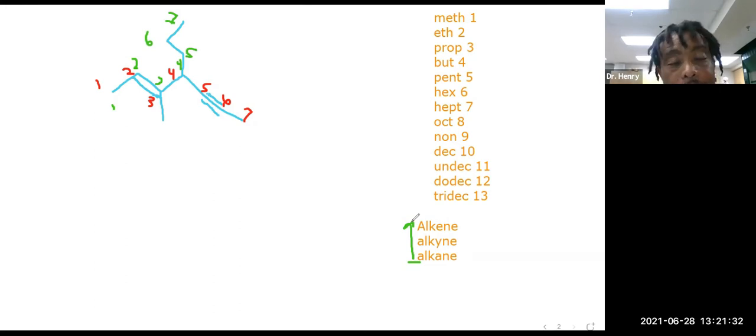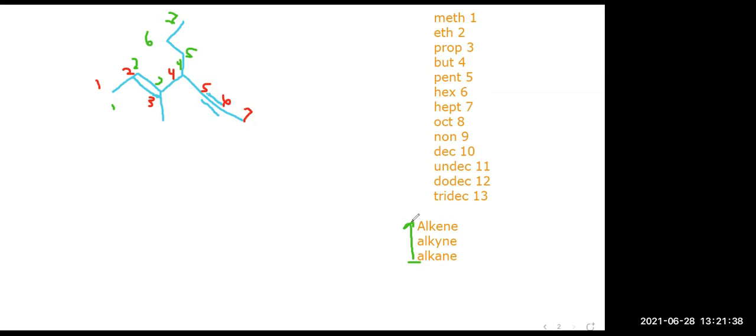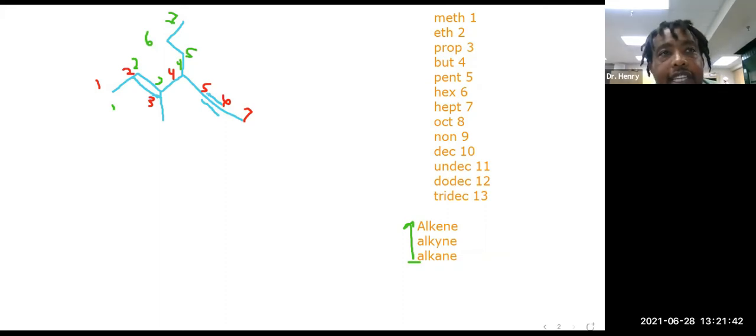So is the double bond more important or is the triple bond more important? Double. The double bond is more important. So that means the double bond is going to get the last name. So we want to make sure our double bond has the lowest number possible. So that's 1, 2, 3, 4, 5, 6, 7. So our double bond starts at 2. That'll give my double bond the lowest number.